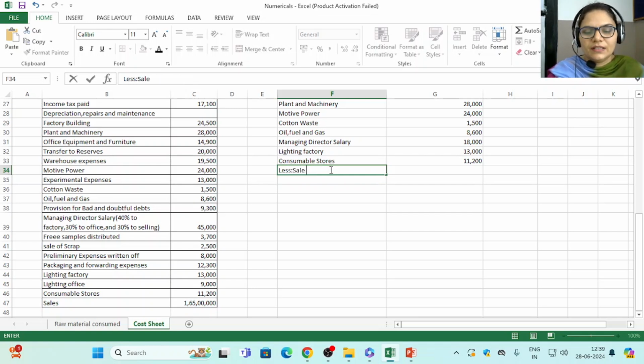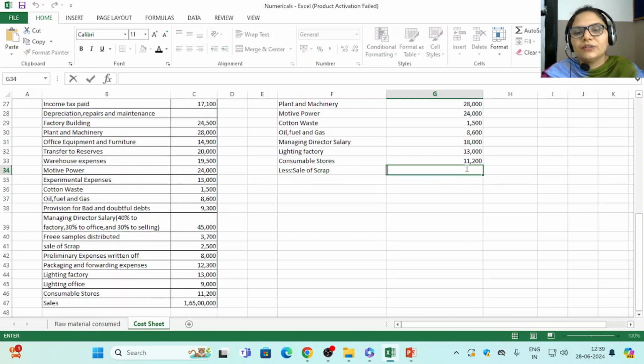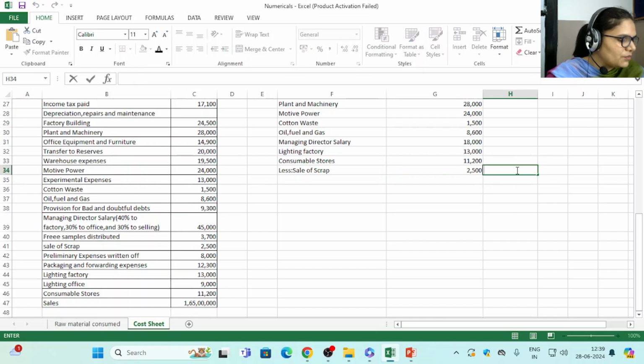We have studied in the previous session that if there is any value related to sale of scrap, it needs to be deducted from the total value after arriving at prime cost plus factory overheads. 22,500. So the final value will be 3,02,500.